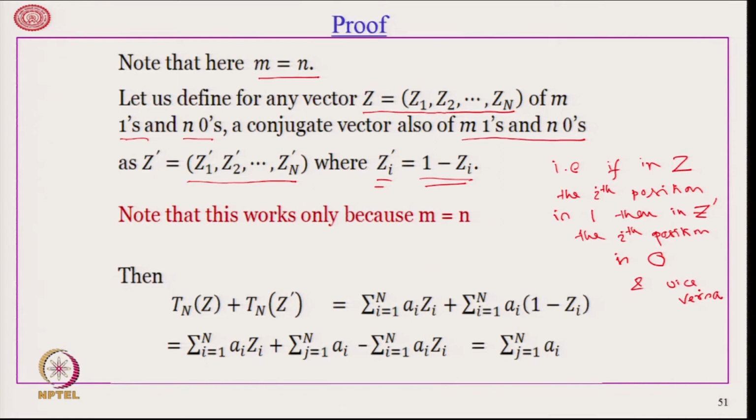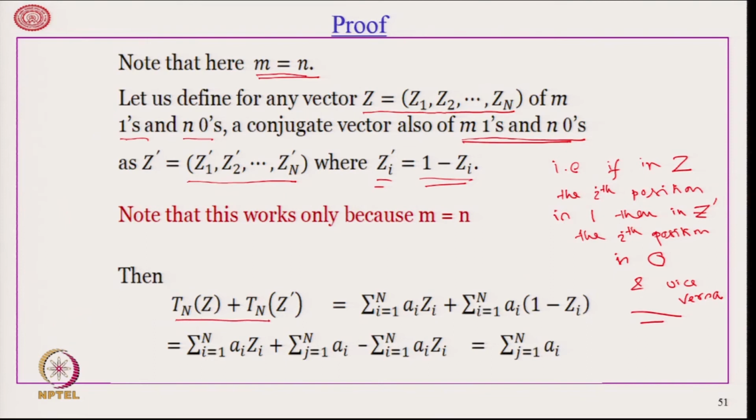Because number of x is equal to number of y, that is m is equal to n, by doing this transformation we still maintain the number of ones and zeros.